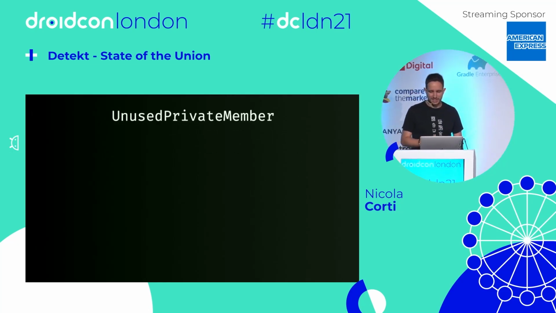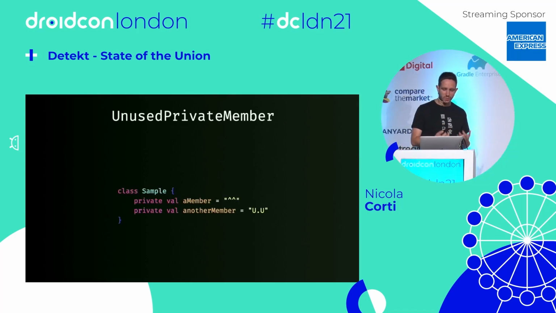I want to spend some time to present some of the rules, because later in the talk I will deep dive into the internals of Detekt, and having some examples of rules is useful for the sake of the discussion. There is one rule called unused private member, and what this rule does is quite obvious. It checks if there is an unused private member.